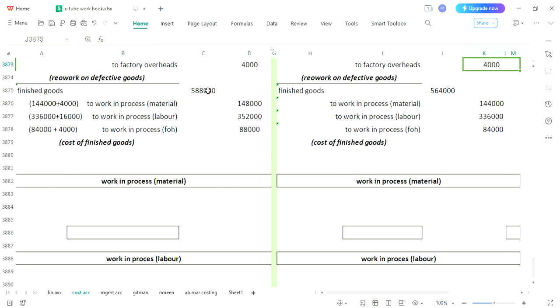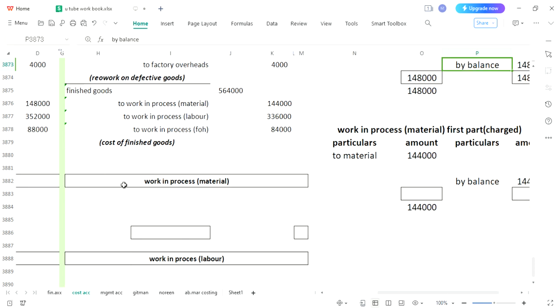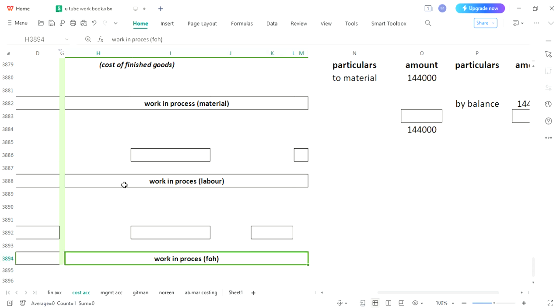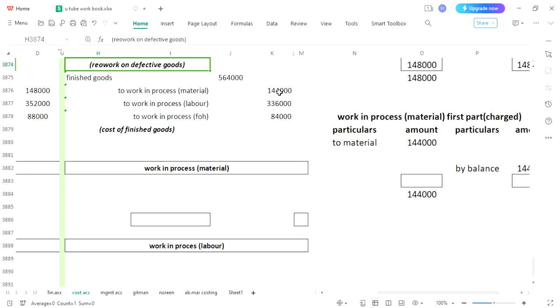In a similar way, you will be making these 3 ledgers in the second portion as well: work in process material, labor, and FOH. Balances of these 3 ledgers would be put in the last entry over here. The sum of these 3 amounts, which are actually the answers of the ledgers, would be put over here. So in this way, your question would be completed.